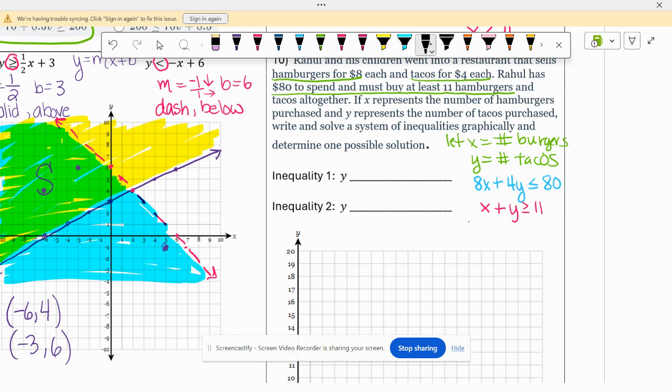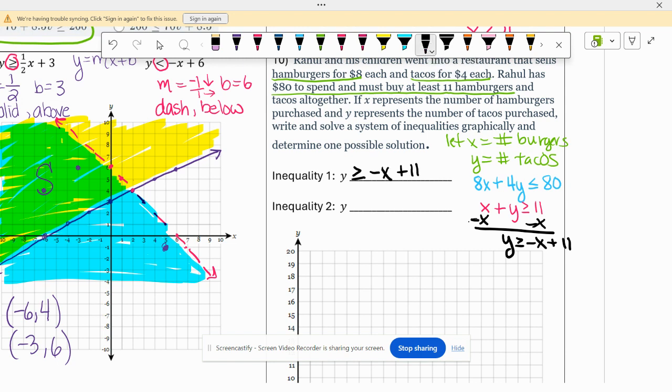So for X plus Y is greater than or equal to 11, all I really need to do is subtract X from both sides. So this inequality is Y is greater than or equal to negative X plus 11.